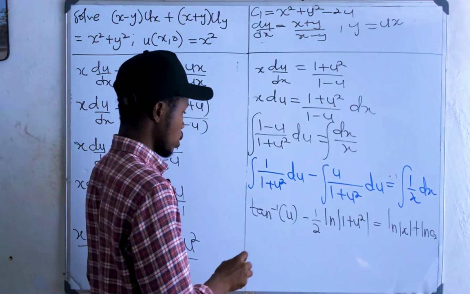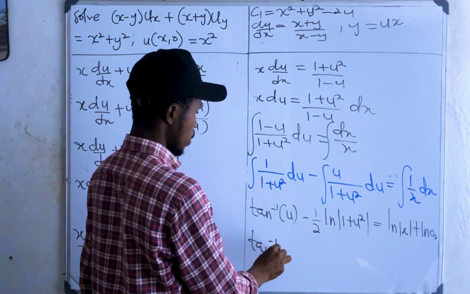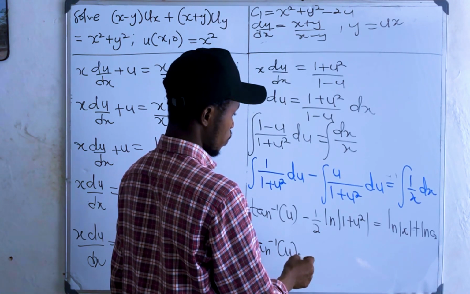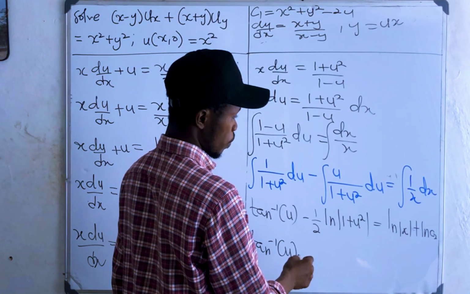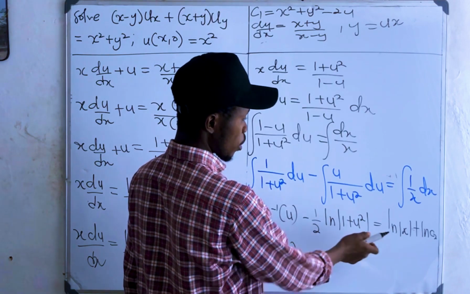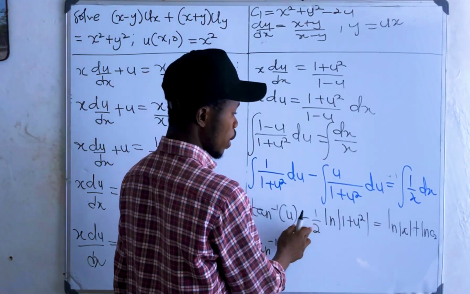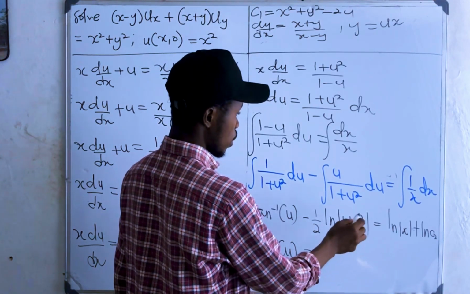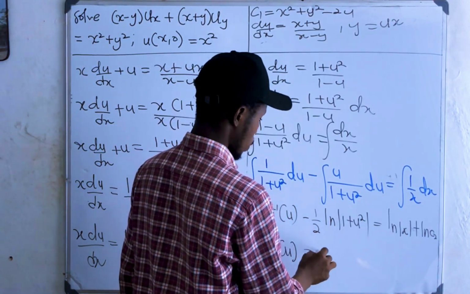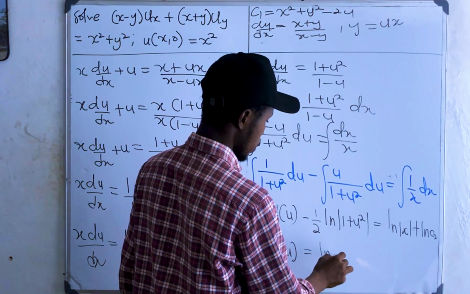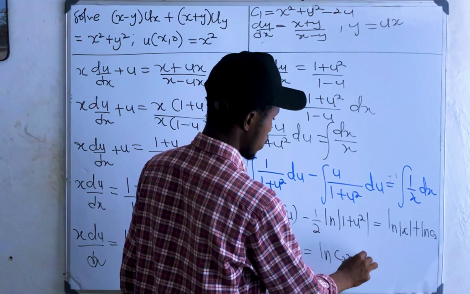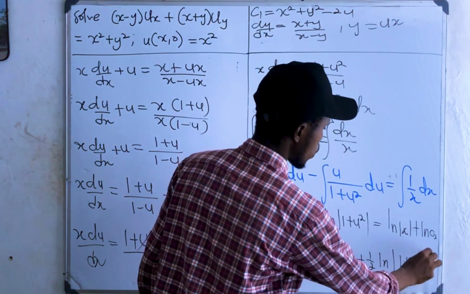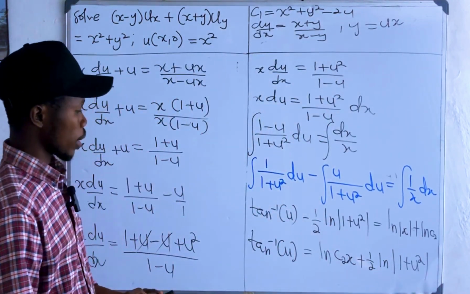This is ln x. So let me combine these two together. So I'm going to have tan inverse of u. If I multiply by 2, it depends. If they have maintained it here, that's going to be a square root, right? But let me send it to the other side. This is going to be ln c2x plus half ln of 1 plus u squared. So this is what we have.